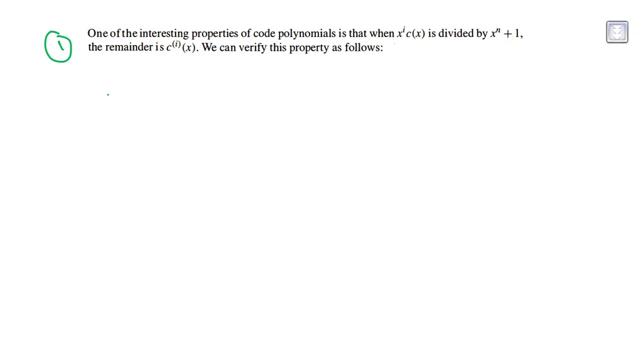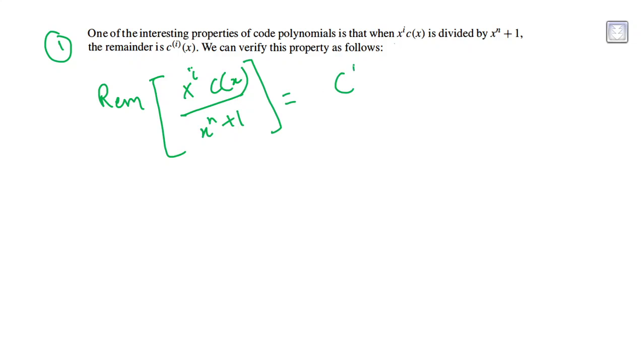The first property states that the remainder of x^i into C(x) divided by x^n plus 1 results in the I-bit shifted code word. So let's take an example. I am multiplying x into C(x).